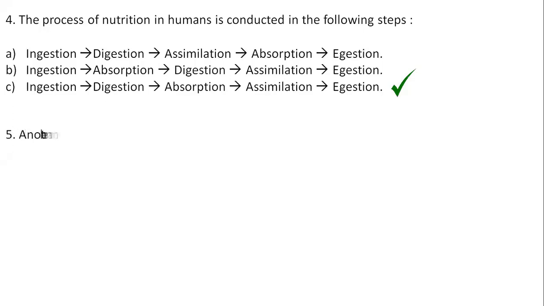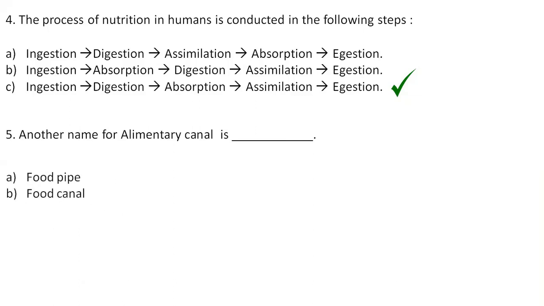Now let us move on to the fifth question, and that is another name for alimentary canal. And the options are food pipe or else food canal. So what do you think? What should be the correct answer? Here the correct answer is option B, that is food canal.